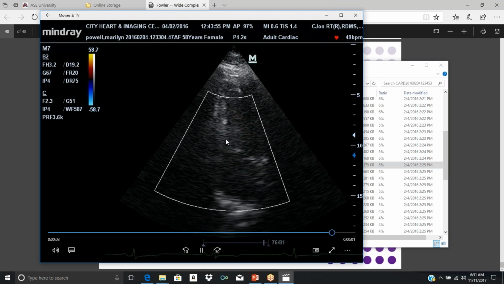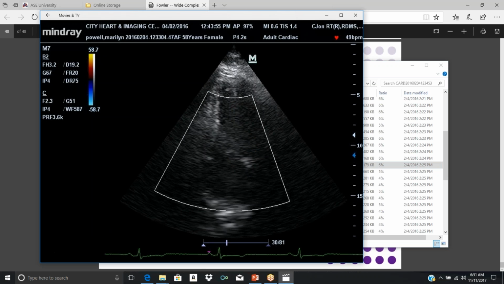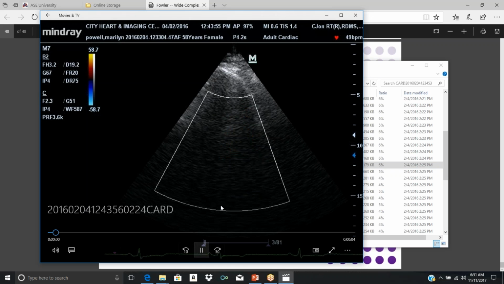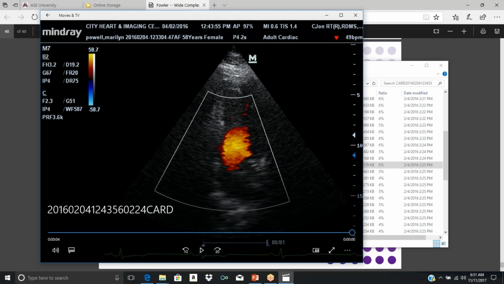In a 2-chamber view, you do the same thing. You have to develop a routine and stick to that routine, because you have to evaluate your valves and structures in multiple views.